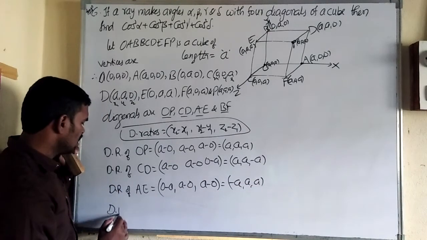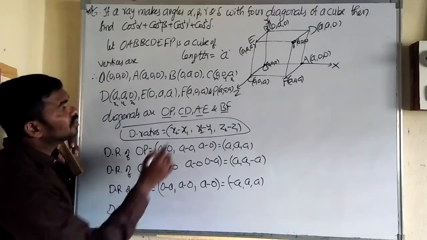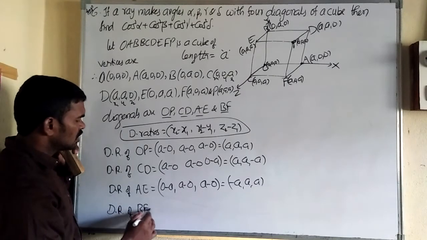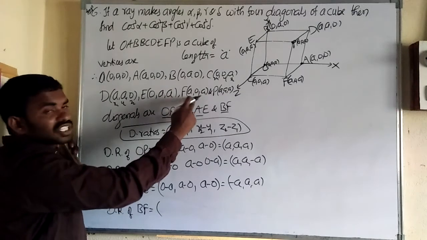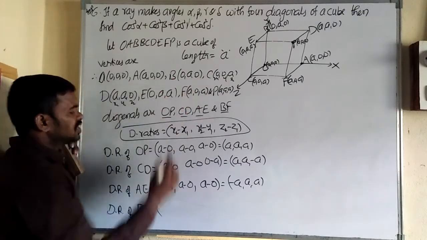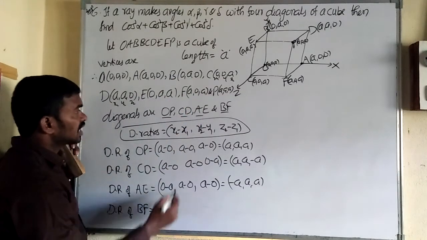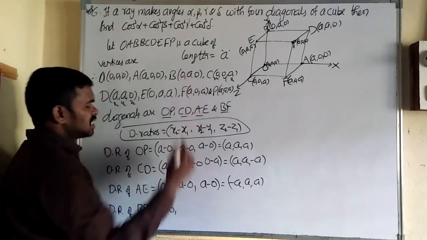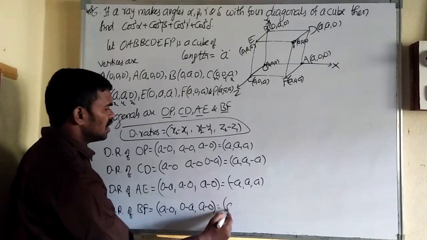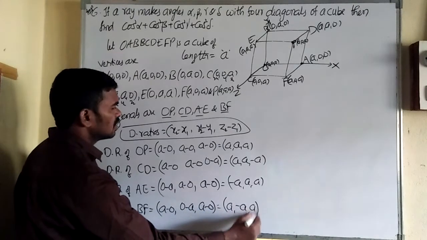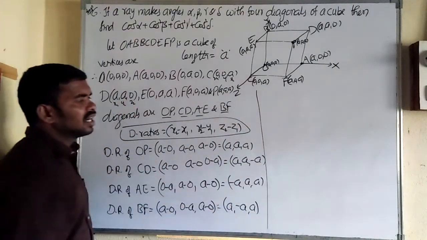Next, last one, direction ratios of BF: B taken as x1, y1, z1, F taken as x2, y2, z2. So a minus 0. Next, 0 minus a. Next, a minus 0. So a, minus a, a. So finally, these are the diagonals.